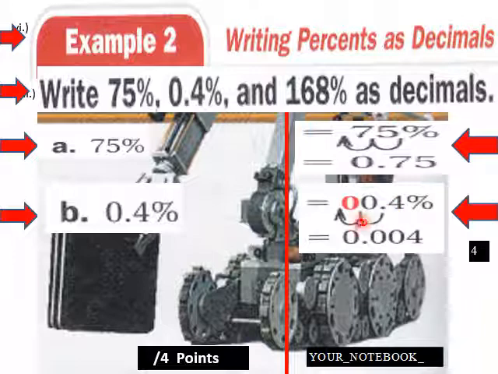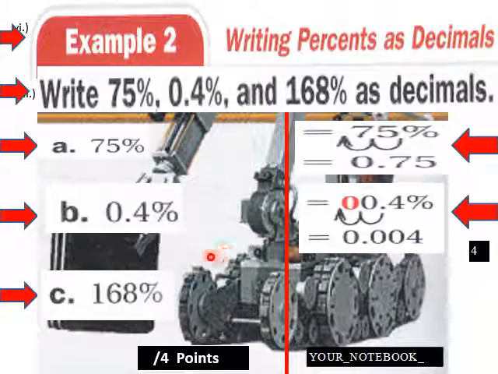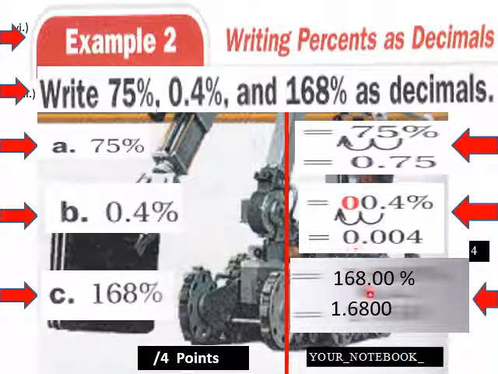We move our decimal to the left 2 places, and we end up with 0.004 would be 0.4%. And then for 168%, again, we'll do the same thing. We'll move our decimal place 2 places to the left. So we start here, we go 1, 2, and 1.68 would equal 168%.